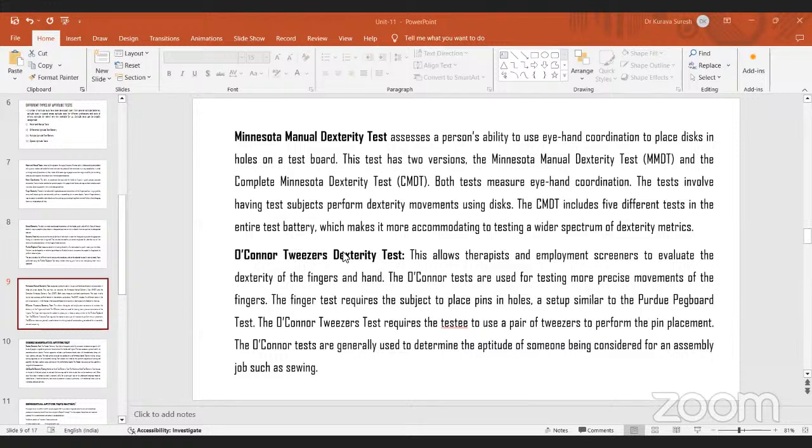The O'Connor test is used to test more precise movement of the fingers.